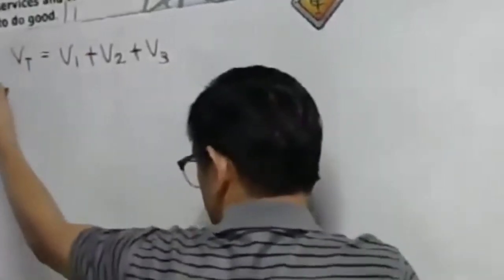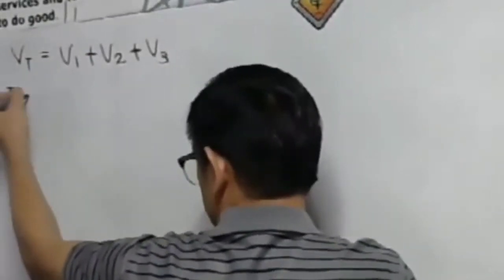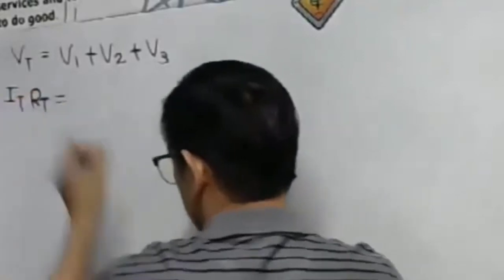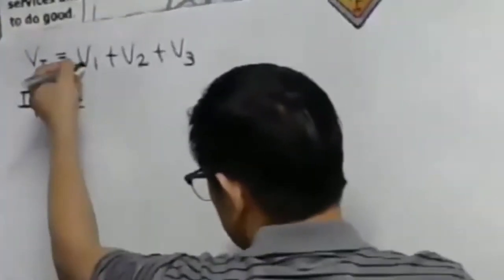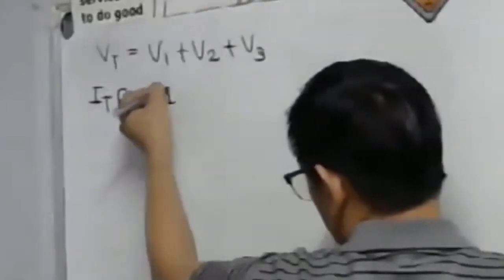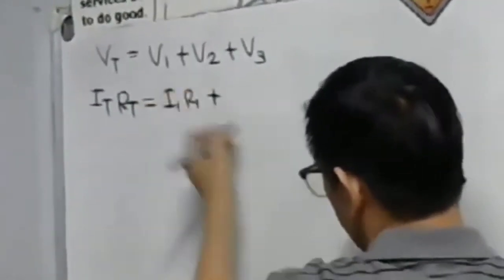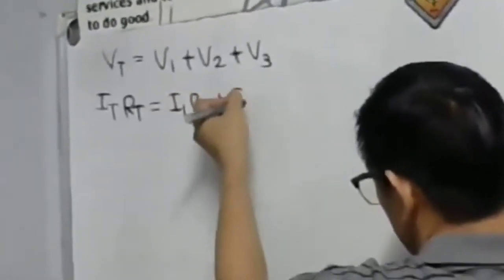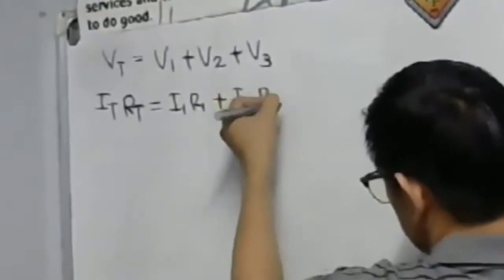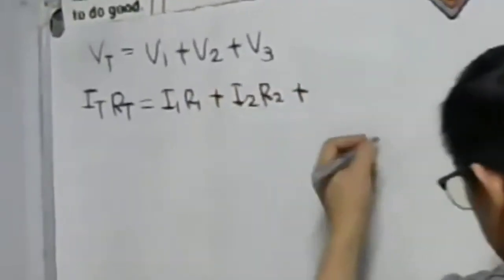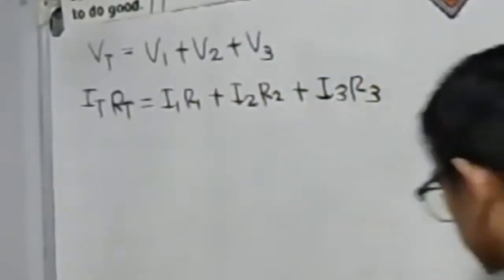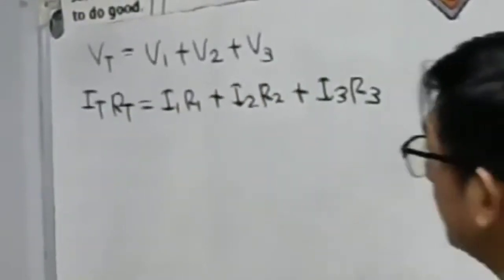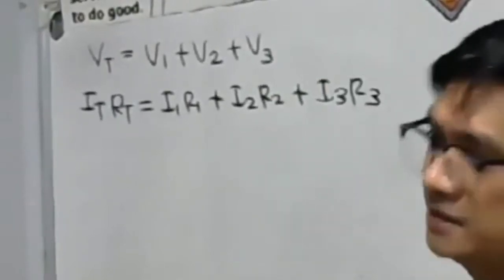Our V total is I total times R total, because V is equal to IR. And V1 is I1 R1, plus I2 R2, plus I3 R3.